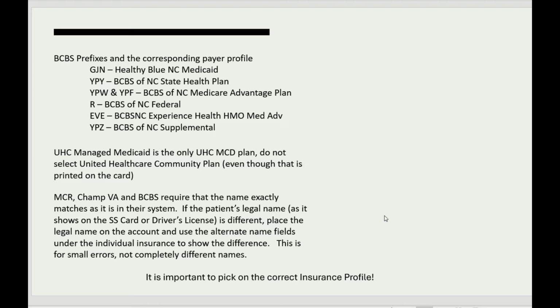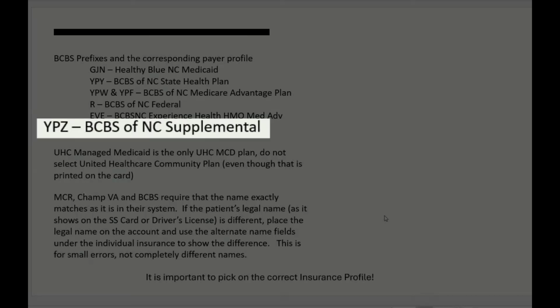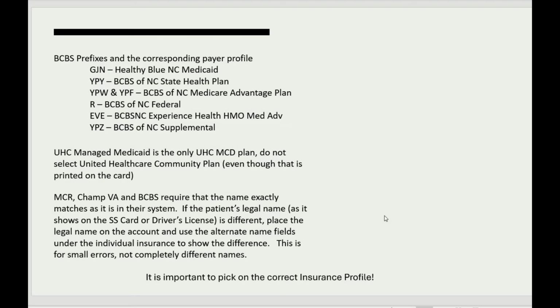The same with the Blue Cross Blue Shield Medicare Advantage plans. That will go to the Blue Cross Blue Shield Medicare Advantage plans that are in ECW. And the Blue Cross Blue Shield supplement, the YPZ, will still just go to the PO Box 35. So that's just some examples with some exceptions of the Blue Cross Blue Shield.